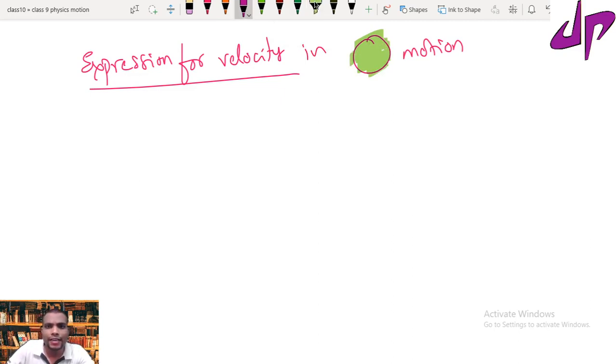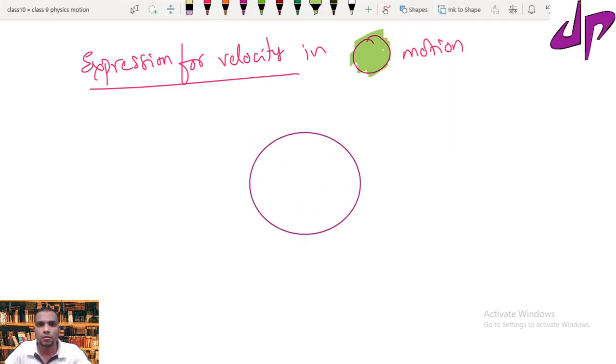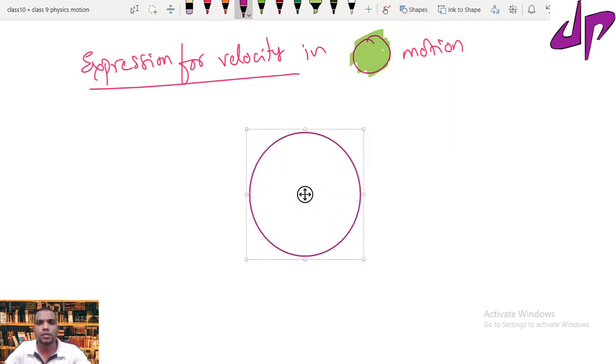Suppose I take a circle of radius r. Suppose this is my circle, and this circle has a radius. If I measure from the center to the edge, this is the radius r.